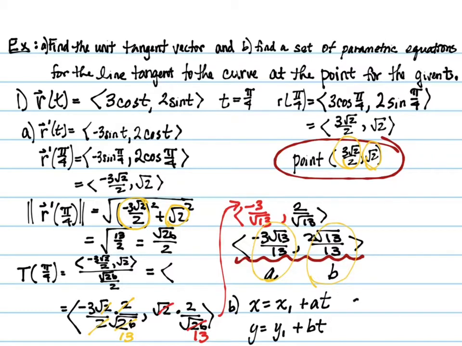So my equation for x would be 3 square root 2 over 2 minus 3 square root 13 over 13 t. And y would be square root 2 plus 2 square root 13 over 13 t.